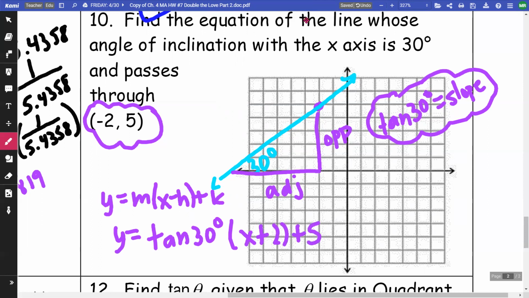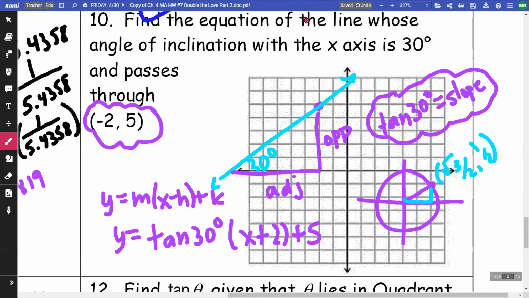And tan of 30 degrees, remember, tangent of 30 degrees on my unit circle. Okay, let me just kind of sketch real quick. I mean, we put it in our calculator, but tangent of 30 degrees on our unit circle, this one is our long comma short, long comma short.